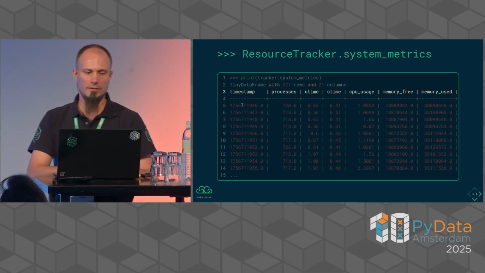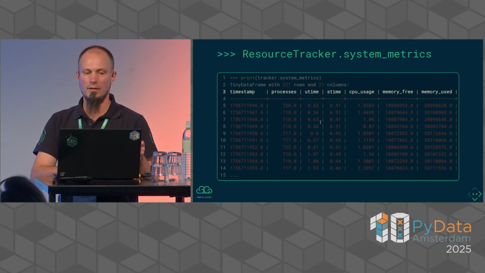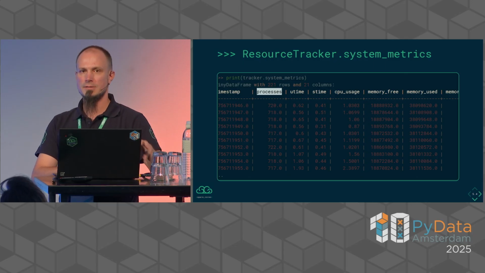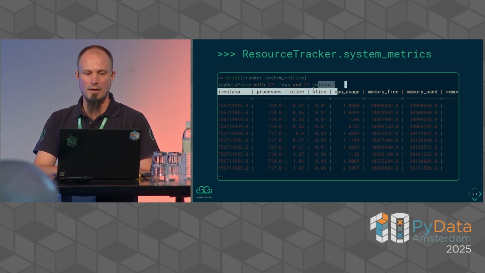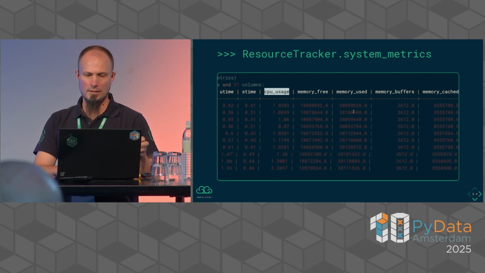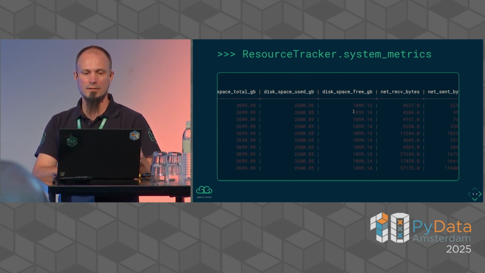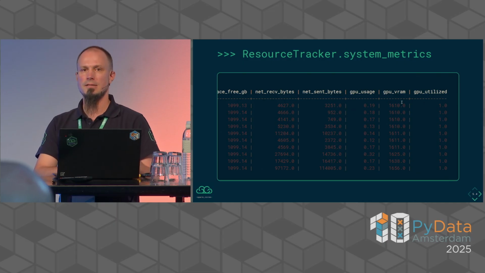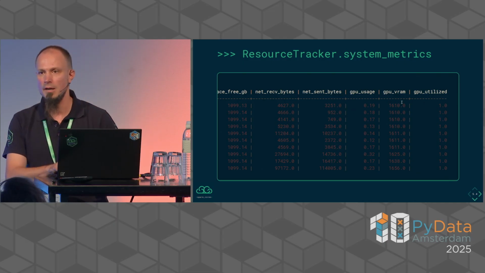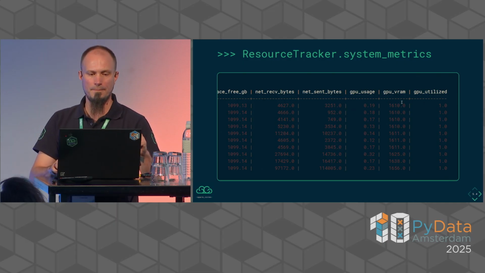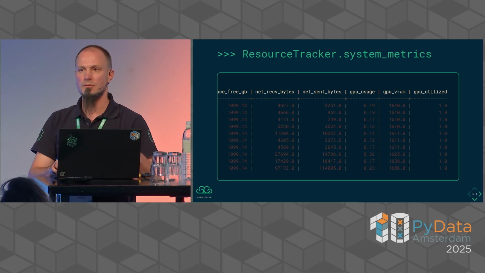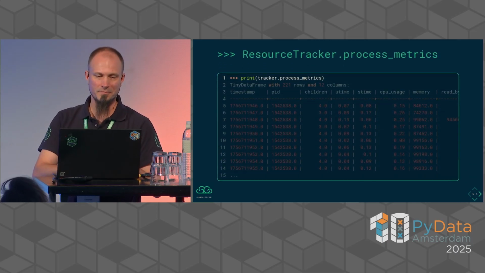Just to highlight, of course, you have timestamps when all these metrics were recorded, number of processes run on the machine, time spent in user space, and by the kernel in system. You get the CPUs utilized, memory-related metrics, disk traffic, GPUs, and so on. So you can look that up. By default, the sampling frequency is 1 second. You can set whatever you wish.